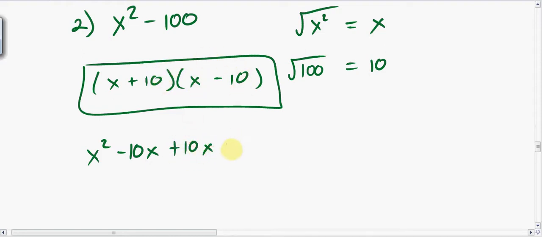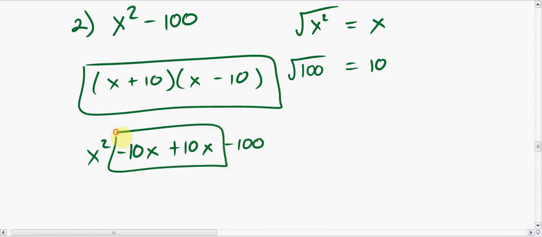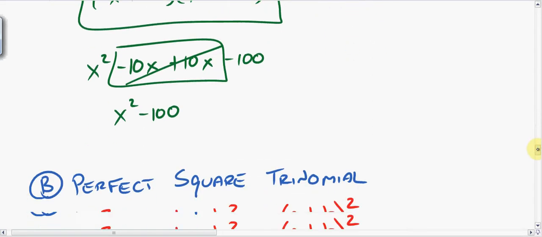And 10 times negative 10 is negative 100. As I said, look at your middle two terms. Negative 10x plus 10x. They will cancel. And you're left with x squared minus 100, which is exactly the way we started.